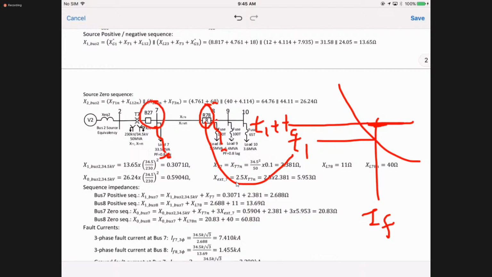If you say, okay, this is the T dial setting, and now this is the fault in number 8. Now if the fault is in 7, so it will be more. Then you do a coordination.